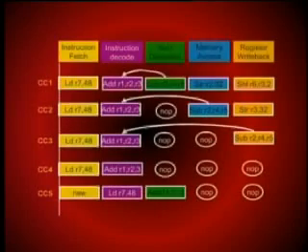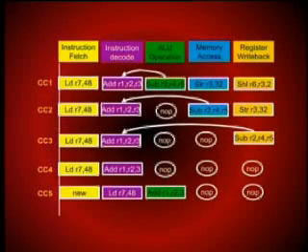As seen in one of the earlier slides, we show horizontally the 5 stages of SRC, and vertically we show the clock cycles CC1 up to CC5.